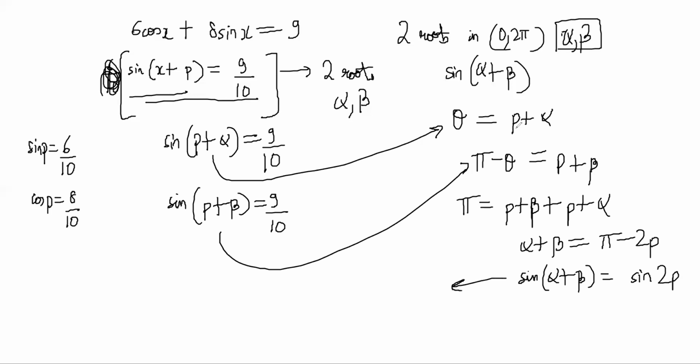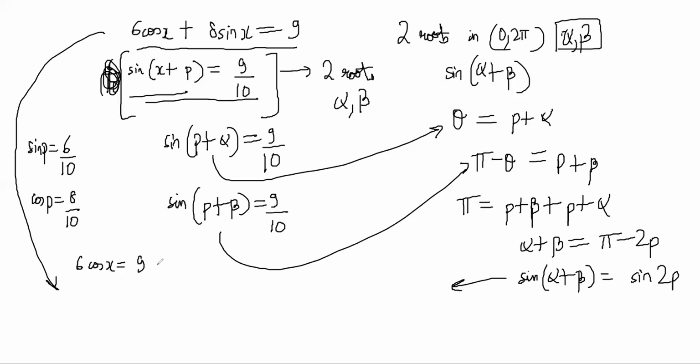So this is much faster and much nicer than anything else you could have done. It would be annoying to actually make an equation and solve it. You could do it the regular way: 6 cos x is equal to 9 minus 8 sin x.